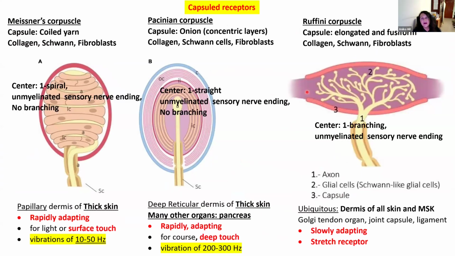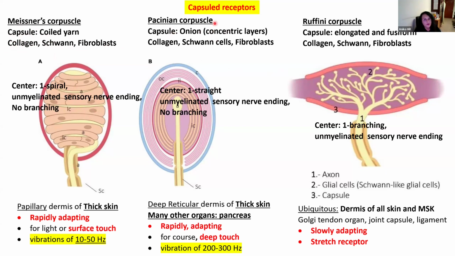Okay, so I'm going to start right now with the encapsulated receptors, the receptors with a capsule. The Meissner, the Pacinian, and the Ruffini corpuscle belong to that. I put them here in a beautiful comparison so you can see them. The Meissner capsule looks like a coiled yarn, made out of collagen, Schwann cells, and fibroblasts.